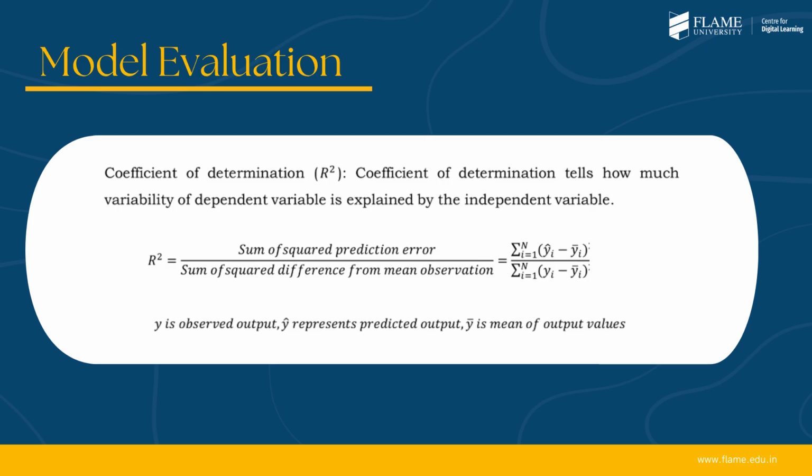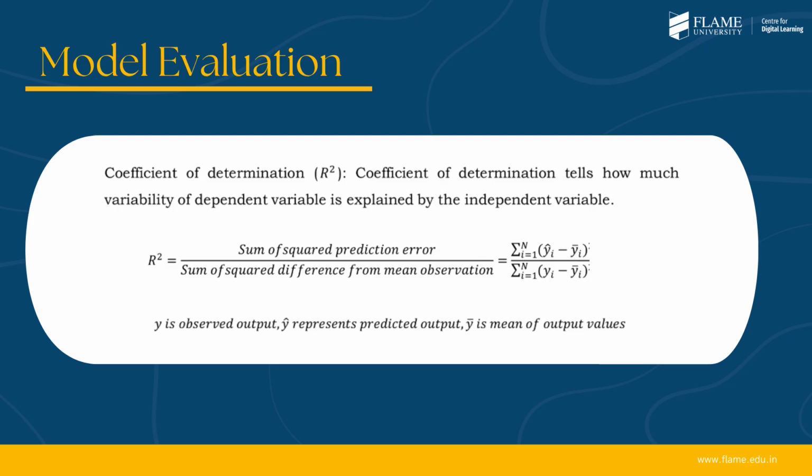One is R square, generally known as the coefficient of determination, widely used in statistical models. It tells how much variability of a dependent variable is explained by the independent variable, or how much your output deviates from your original observations, the difference between your original output and your predicted output from the model.